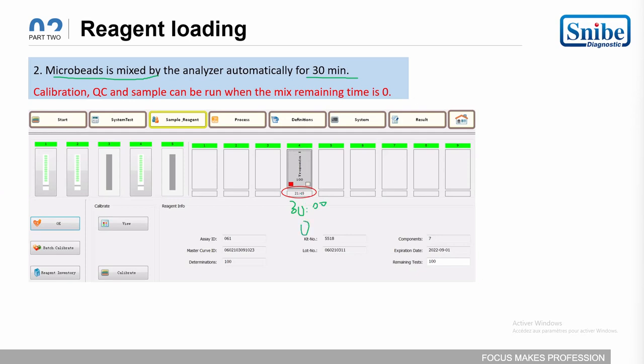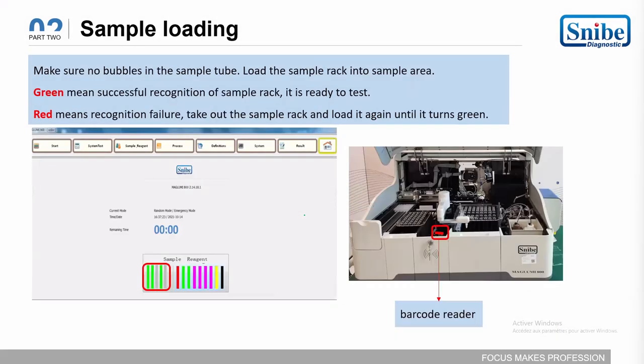When it is 0, you can start using the reagent. After that, you can use calibration, quality control, run the samples, and so on, when the remaining time of mixing is 0.